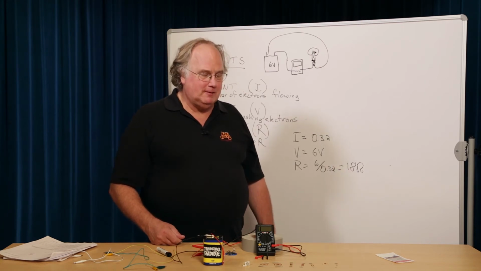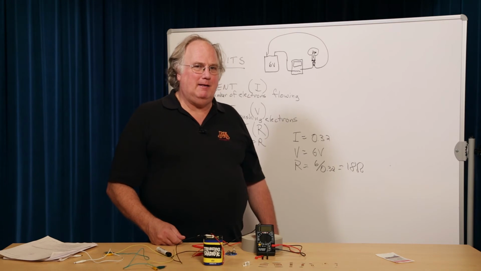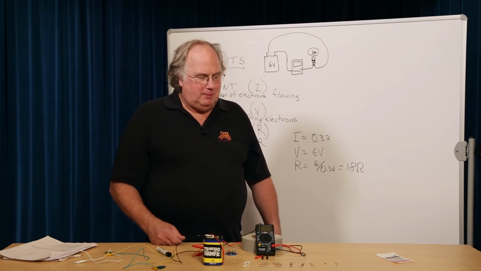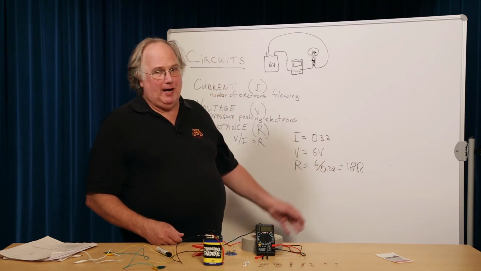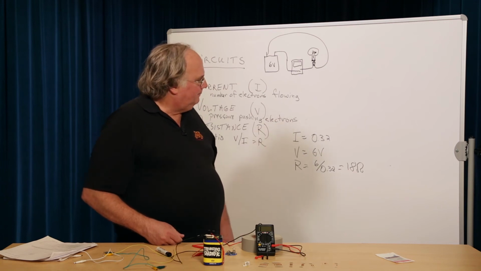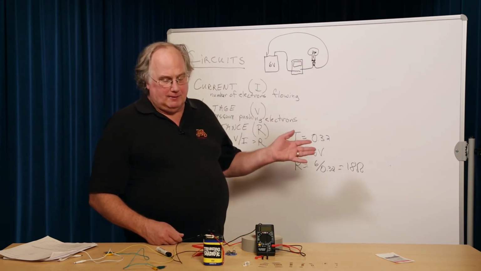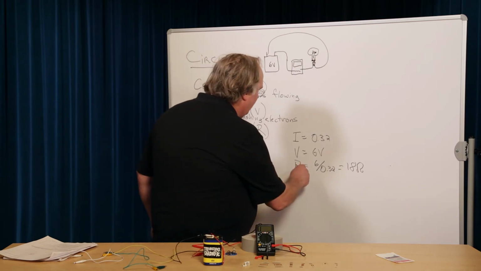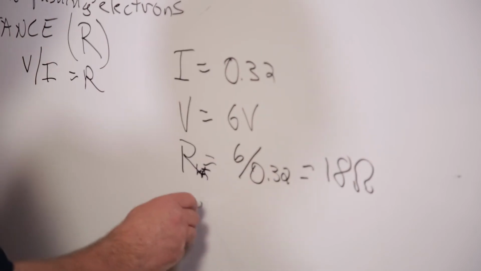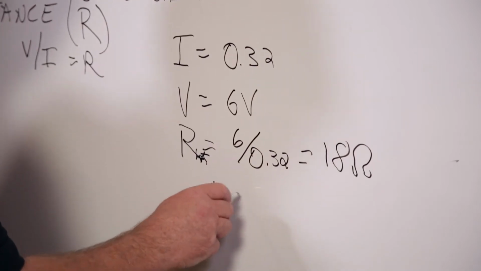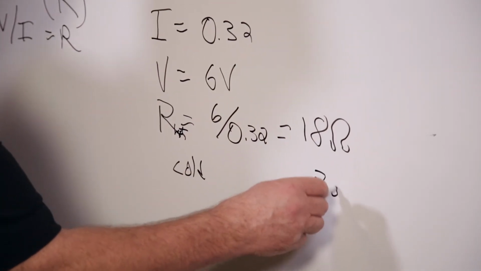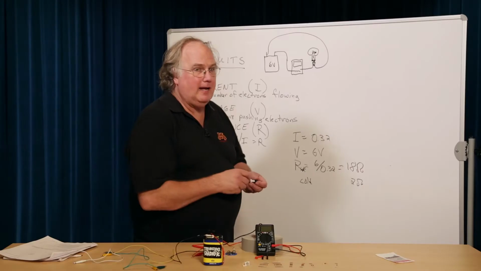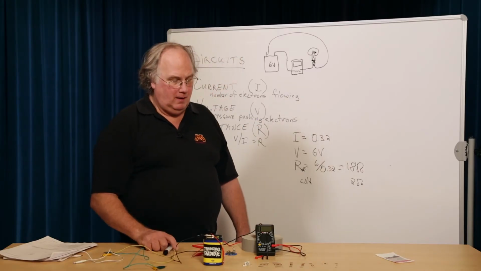A precision resistor is carefully made. It is built out of things that don't do that. So the bottom line is a flashlight bulb hot has 18 ohms, and cold, it's about 2 ohms. Resistance can change with temperature.